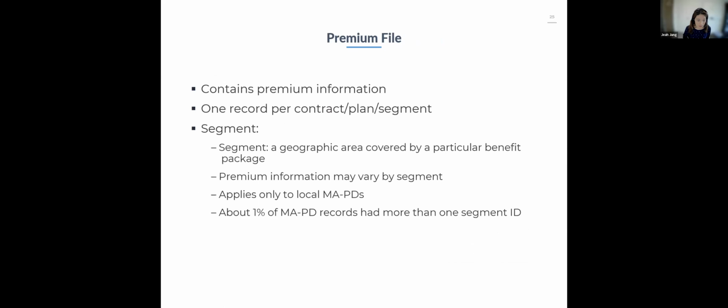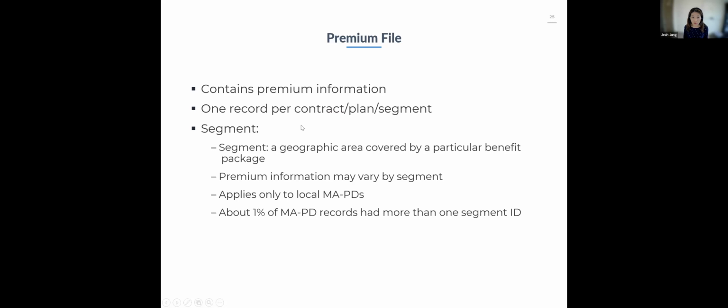Now we have another sub file called the premium file. As the name says, it includes premium information. Here, one record represents a contract, plan, and segment. So we looked at segment a little bit earlier in the morning, right? Segment here is a geographic area that's covered by a particular benefit package.